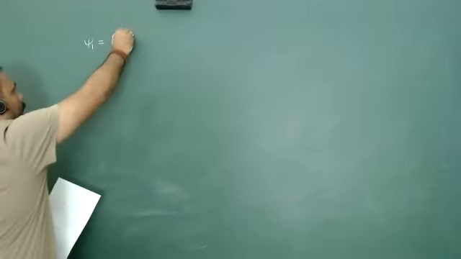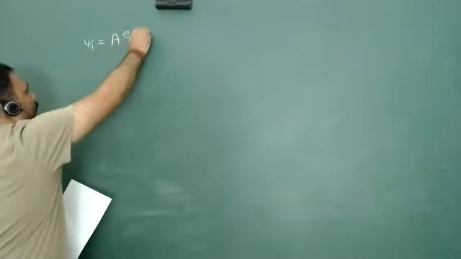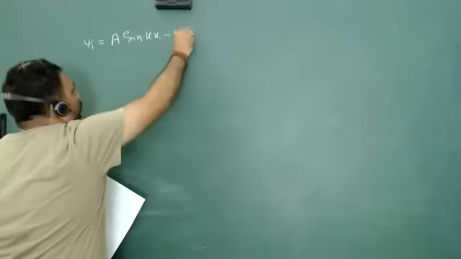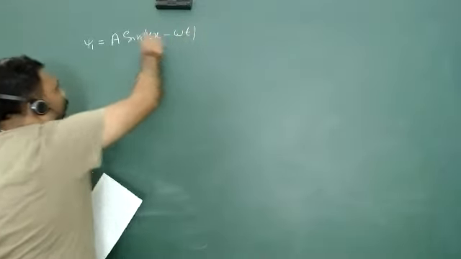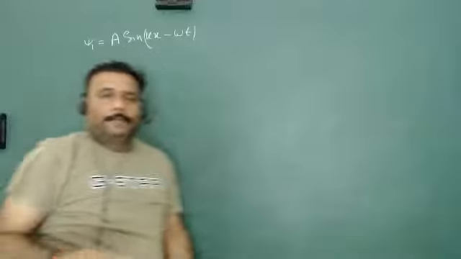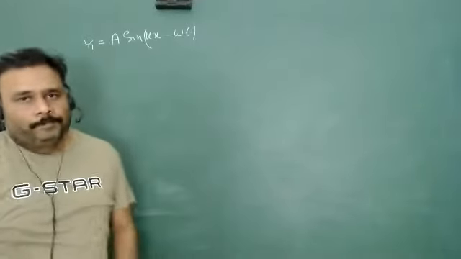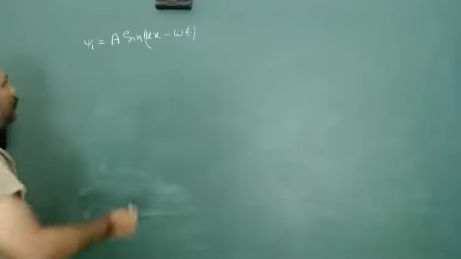That is A sin(kx minus omega t). And k, you know, is 2 pi upon lambda, so the de Broglie wavelength is associated.